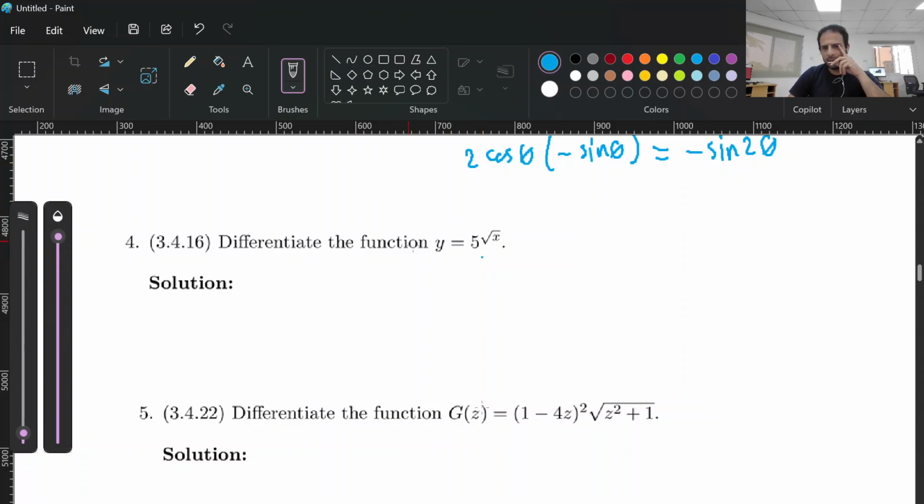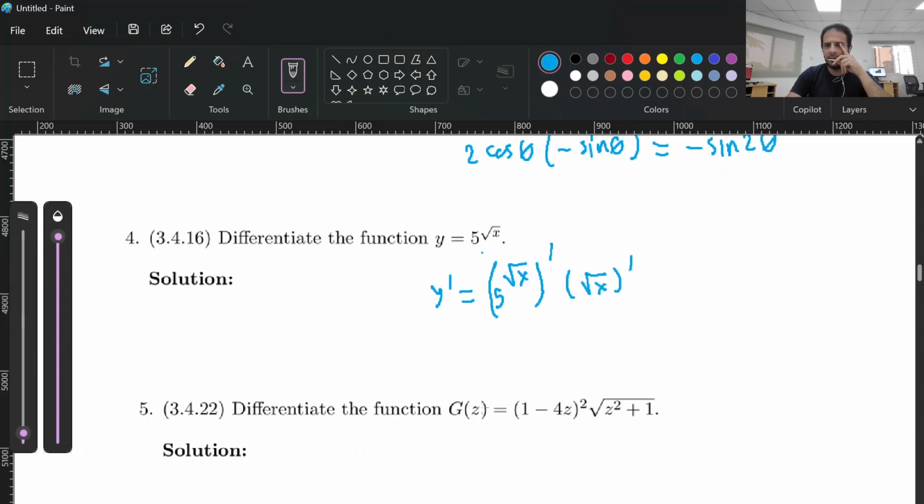Okay. So first of all, we'll say y prime equals 5 to the power of square root x, all prime. I mean, you want to write it similar to the formula, right? Yes. And then I'll say square root of x prime.